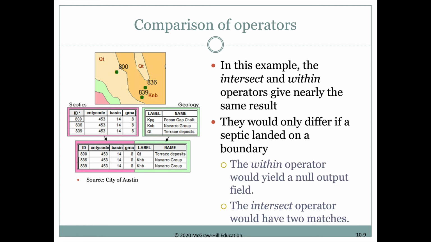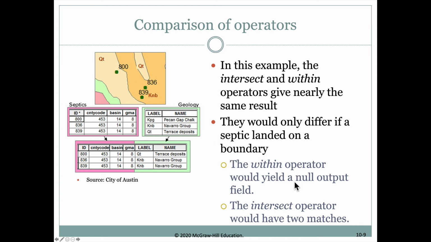Now, in some cases, slightly different commands like intersect and within can give different results. If we do the intersect or within command to the data that we see here, we would actually get the same output. But what if one of these points fell directly on one of these lines here? The within operator would say, well, that point is no longer within one of these polygons because it's right on the boundary of two of these polygons.